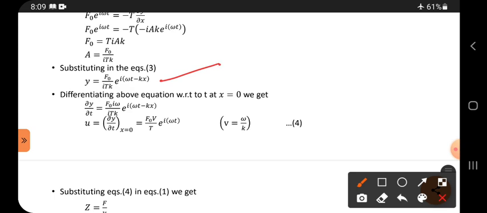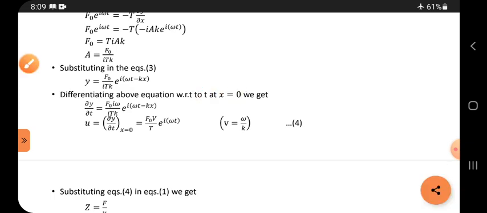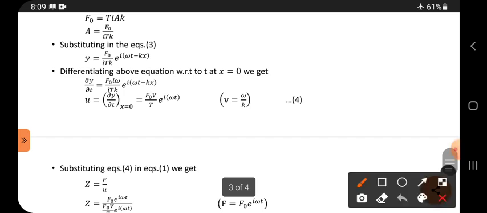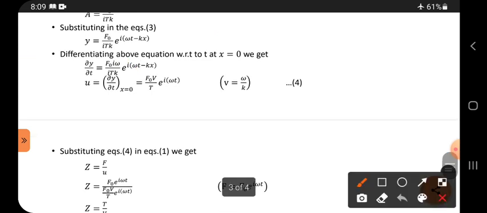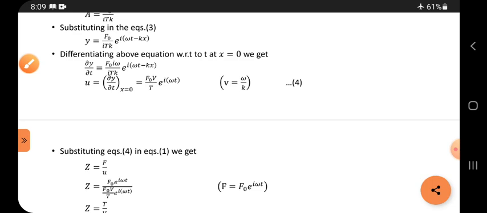We have to differentiate it with respect to t, at x equal to 0. Then the t coefficient comes down, isn't it? The t coefficient is i omega. So i omega comes down after differentiating. Already in the denominator i is there, and this i and this i get cancelled, right?